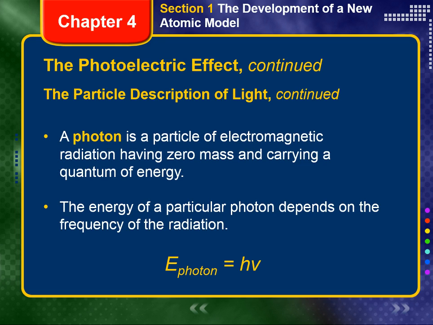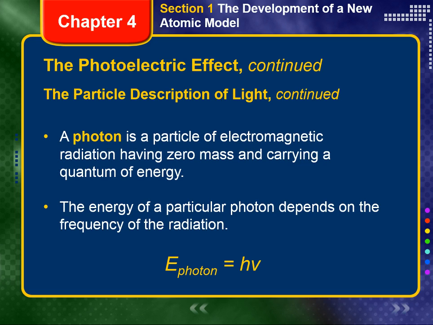Einstein called these particles photons. A photon is a particle of electromagnetic radiation having zero mass and carrying a quantum of energy. The energy of a particular photon depends on the frequency of that radiation. So, the energy of a photon, E sub photon, is equal to h nu.